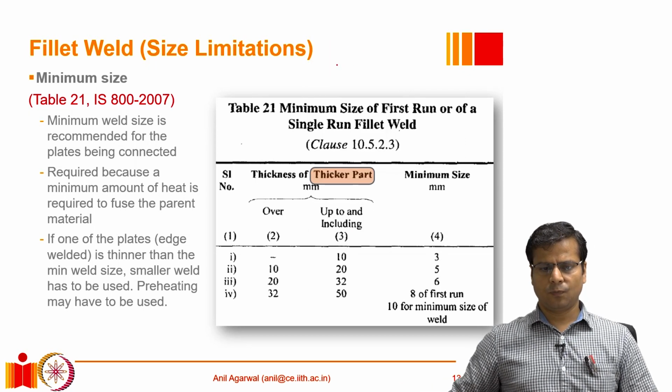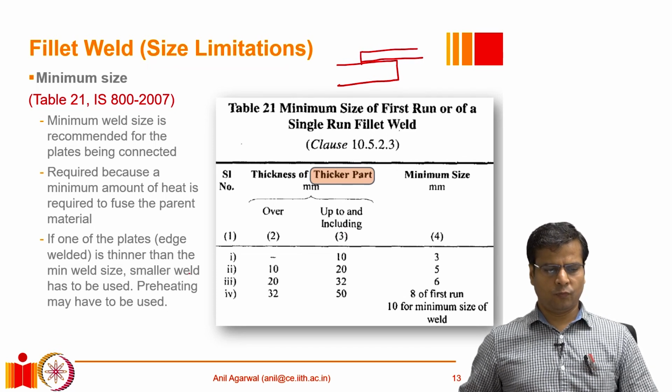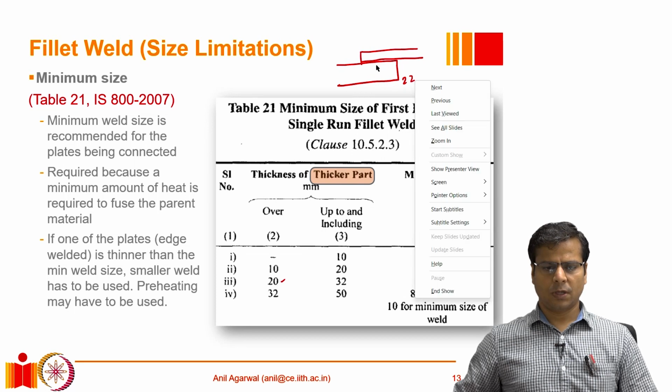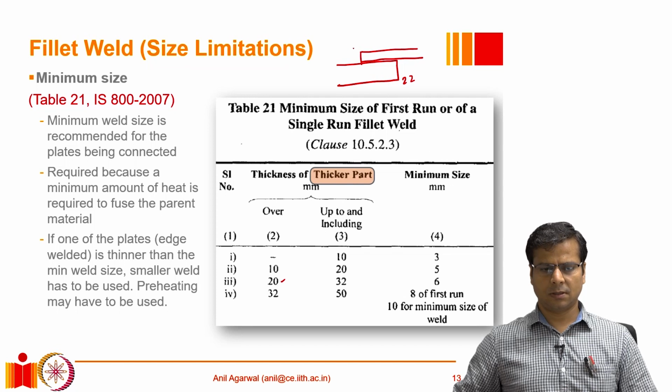Let's say we are welding these two plates in a lap joint, and one of the plates is, let's say, 20 millimeter thick, let's say 22 millimeter thick, and the other plate is only 7 millimeter or 5 millimeter thick.